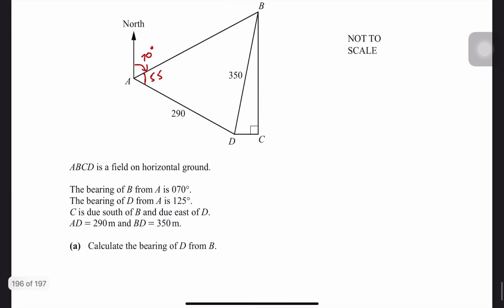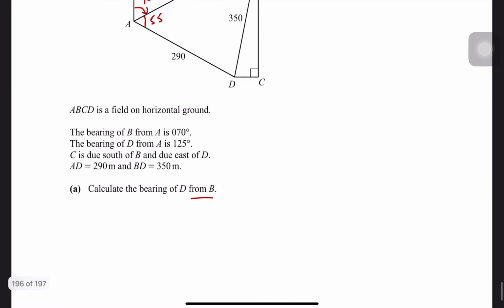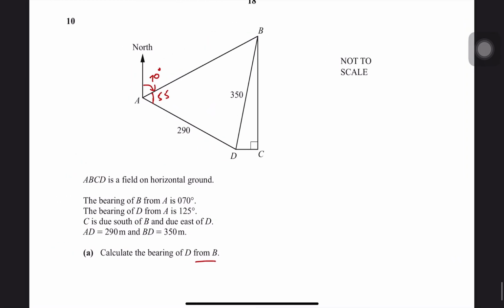Let's calculate the bearing of D from B. Now, since this is a 4-mark question, there's a bit of trigonometry involved. D from B, so I need north on B. It's my north on B. I want this to be in a straight line. Okay, so what I'm trying to calculate is this entire angle.